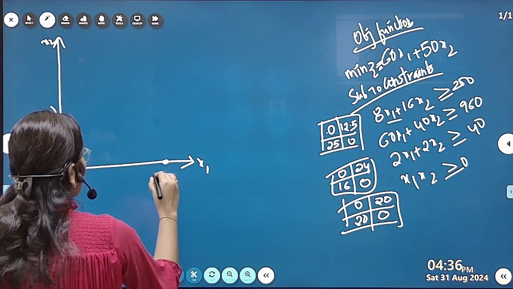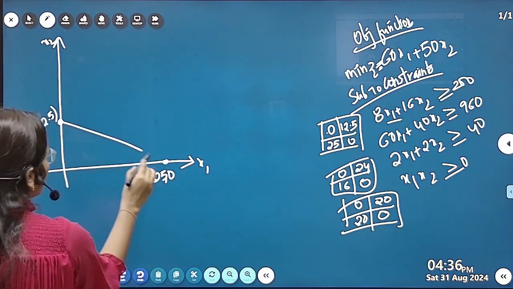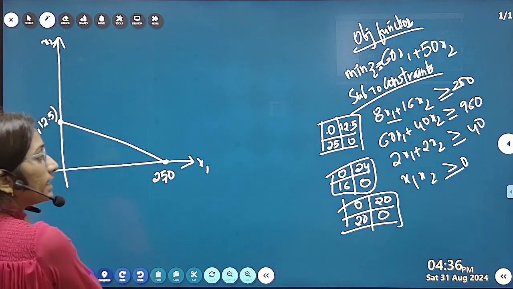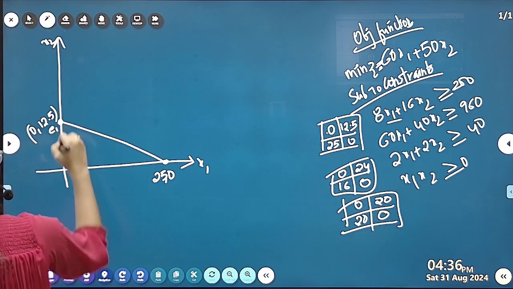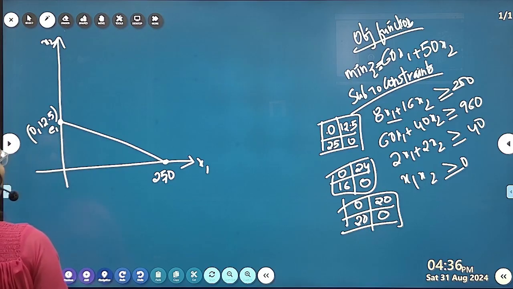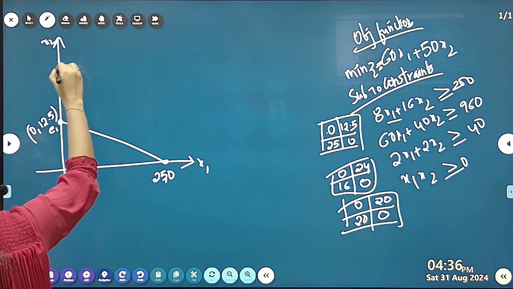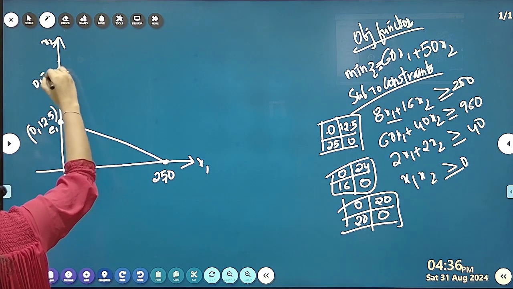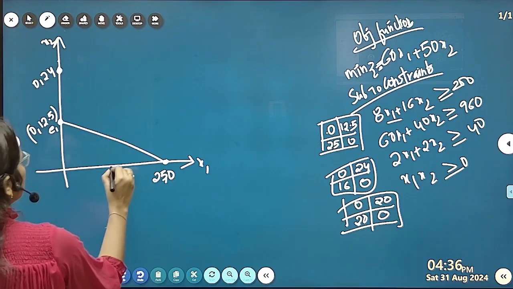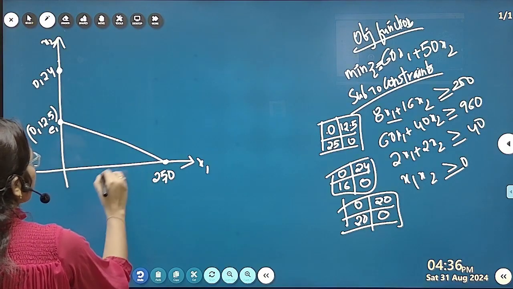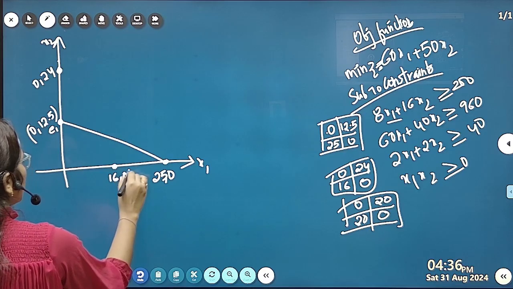Let us assume here 25, 0. So draw a line. Next, second equation. So this is equation 1. 0, 24. So this is 24, and 16, 0. Here 16, 0.